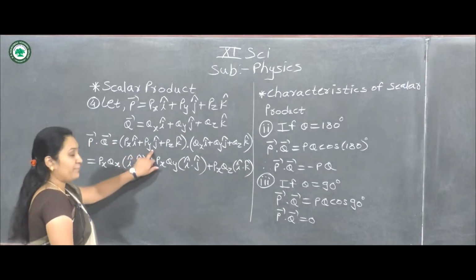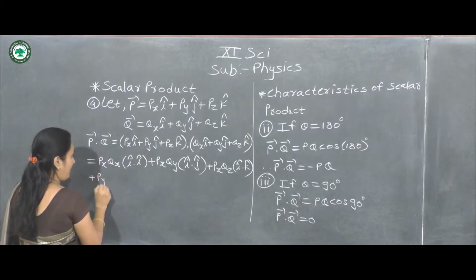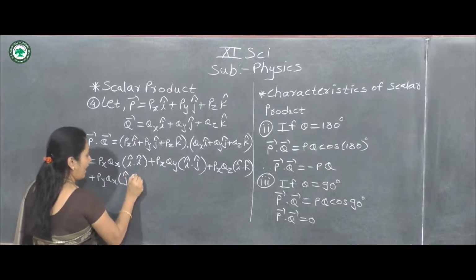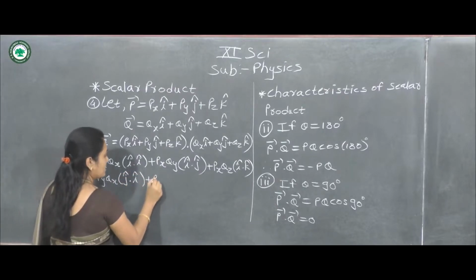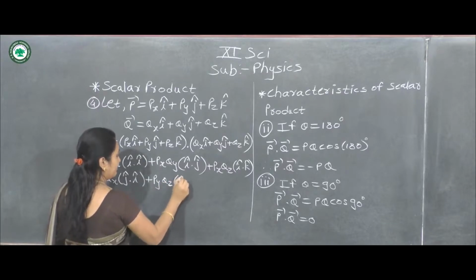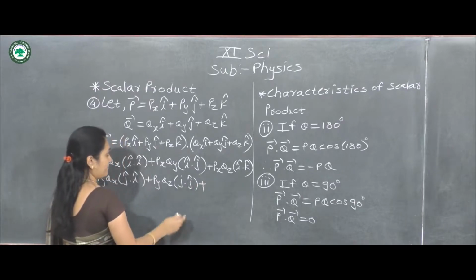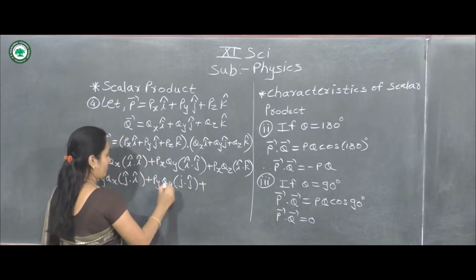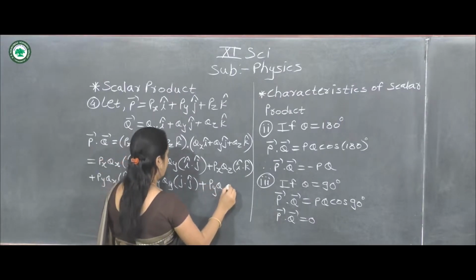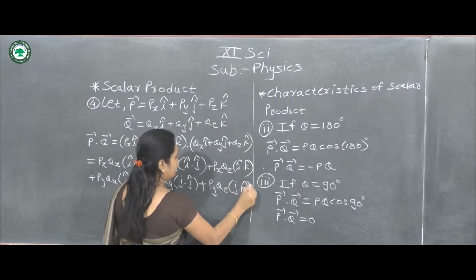Similarly, now we will multiply with Pyj, so plus Py Qx j dot i plus Py Qy j dot j plus Py Qz j dot k.